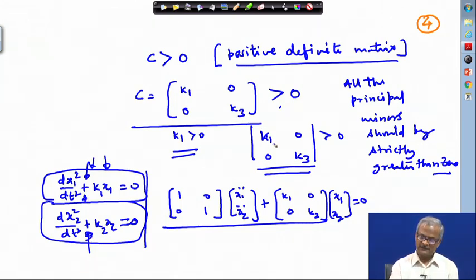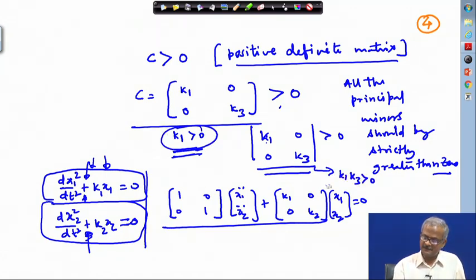That implies that not only k 1 should be greater than 0 but k 1 k 3 is also greater than 0. If you look from this place, k 1 is greater than 0 here and k 3 is greater than 0. This will be satisfied because k 1 has to be greater than 0, and it will be satisfied only if k 3 is also greater than 0.